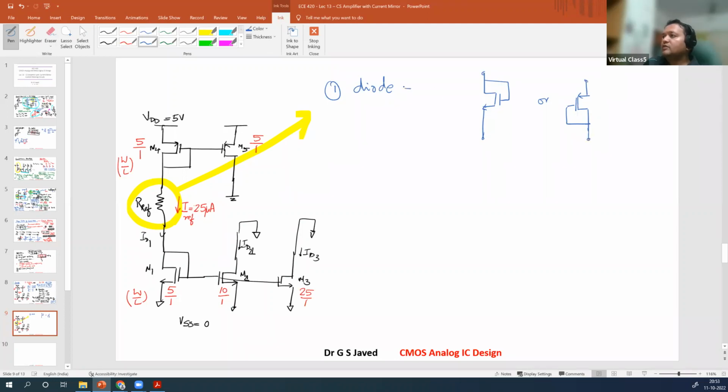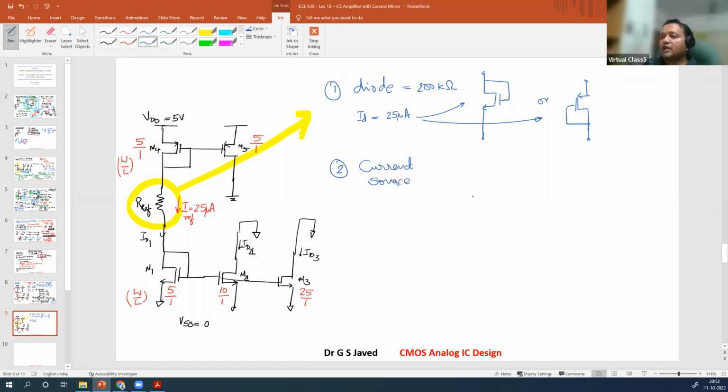You should give a 200 kilo ohm resistance to be drawn. So how do you control the resistance here? Diode current, if you ensure that there is only 25 microampere flowing through each of these, right? Because the current flowing through has to be 25 microampere. So ensure that the diode current is 25 microamp during turn on period, you will get it. Second way of implementing is using a current source.